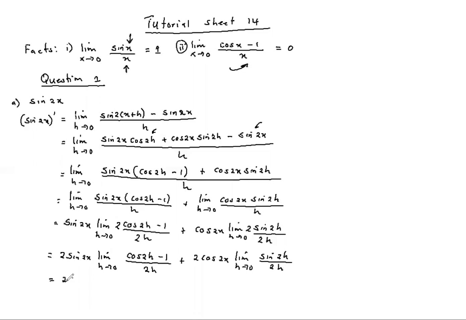So here we have 2 sine 2x multiplying 0 plus the other one, 2 cos 2x multiplying 1, because the sine part goes to 1. And so the 0 part is just 0. Then we get 2 cos 2x like that. So that's how you obtain that.